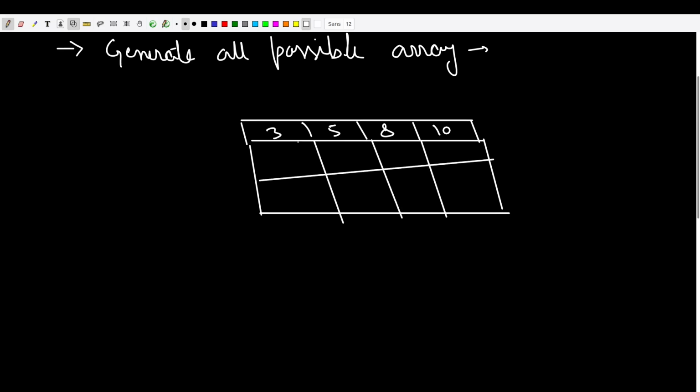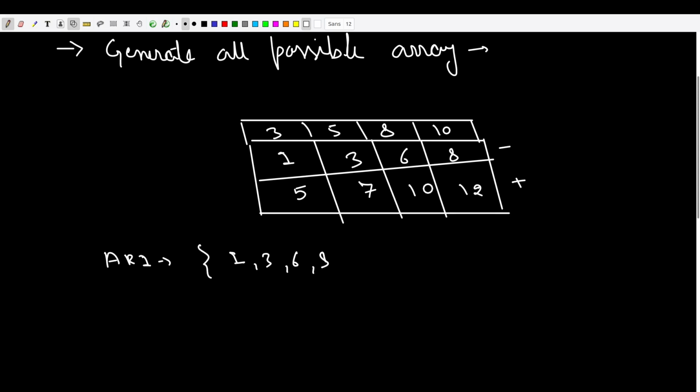If you subtract 2, 3 becomes 1, 5 becomes 3, 8 minus 2 is 6, and 10 minus 2 is 8. And adding 2 gives 5, 7, 10 and 12. So this is the plus operation, and here we are performing the negative operation. One such array, let's say ARR1, would be 1, 3, 6 and 8.